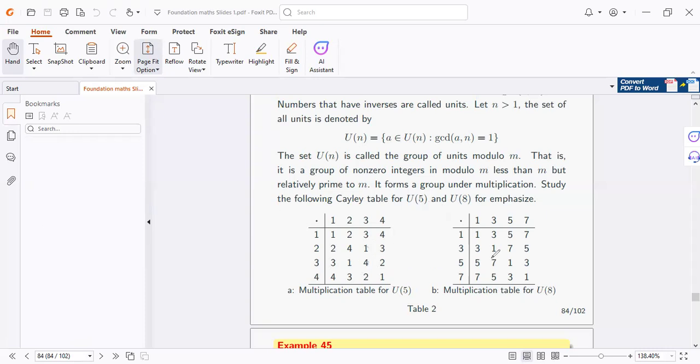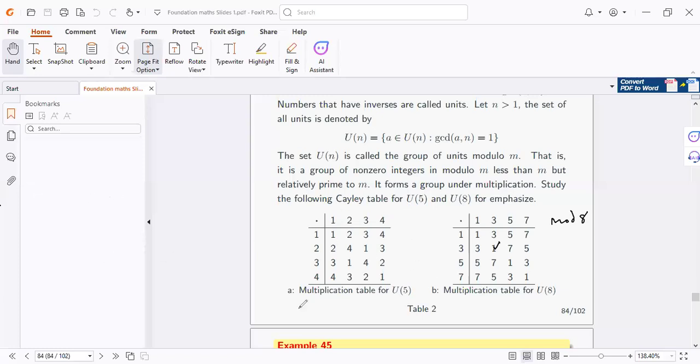So let's multiply mod 8. 1 times any of these will just be those elements, so there's no problem there. 3 times 1 will be 3. 3 times 3 will be 1, because it's supposed to be 9, but 9 mod 8, the remainder is 1. Okay.